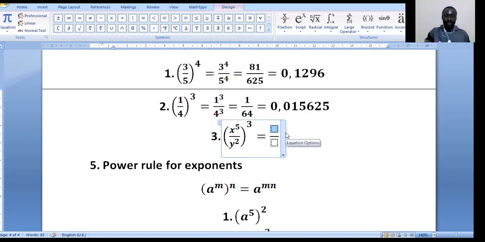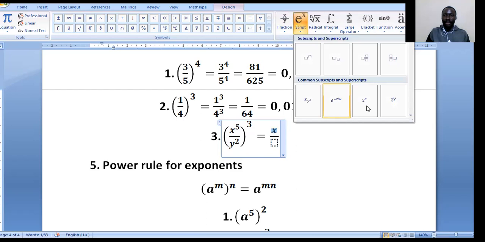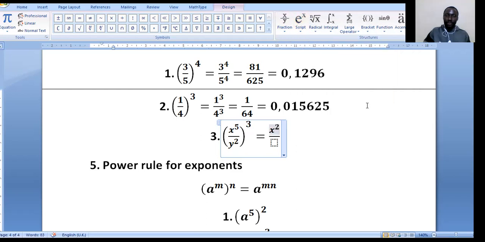So we'll be having x exponent 5, then y exponent 2. So y exponent 2, like that.